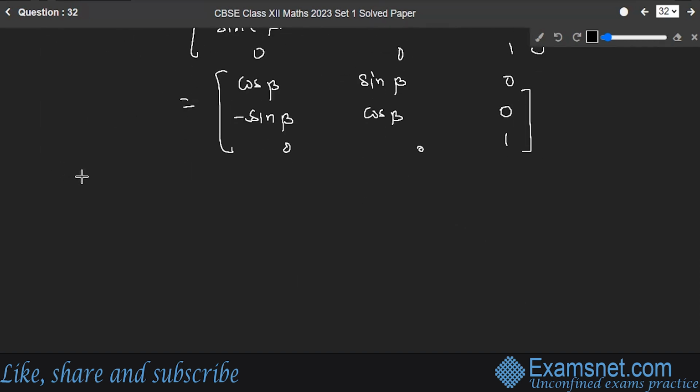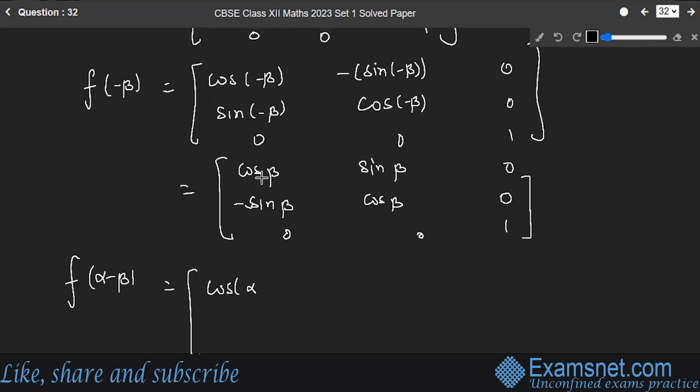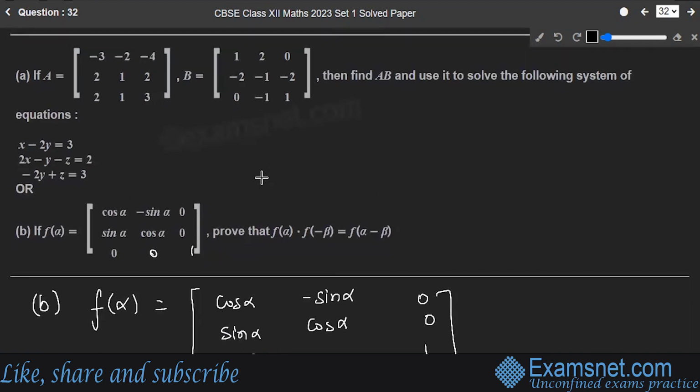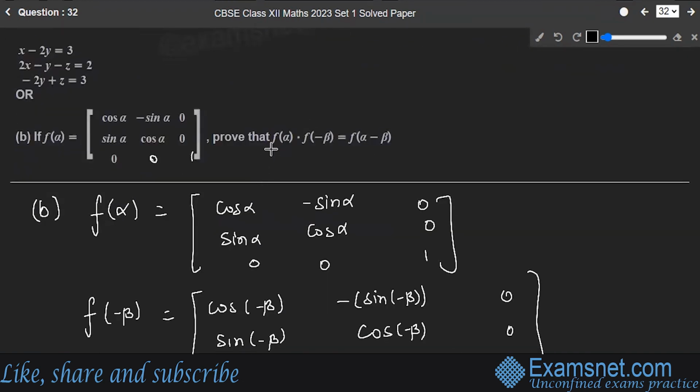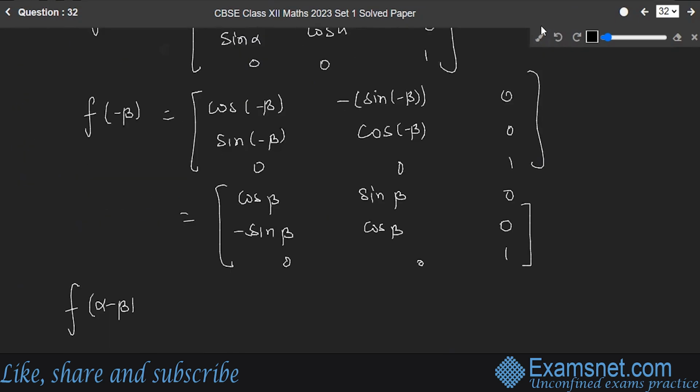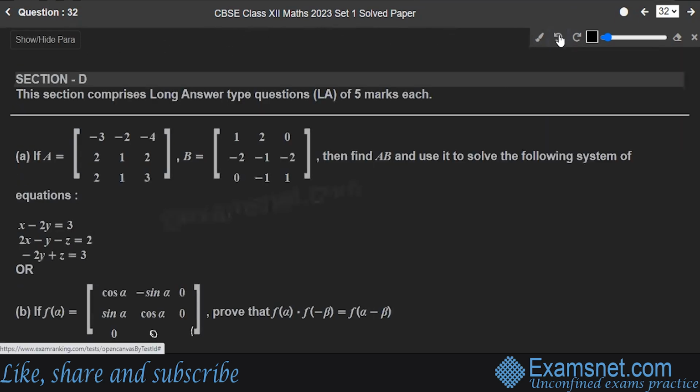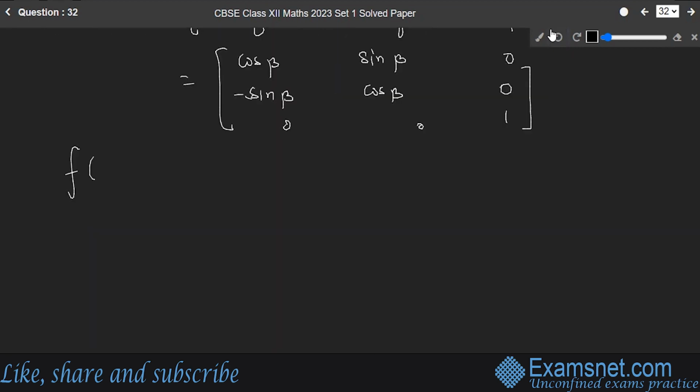Let's go to find f of alpha minus beta. That is equal to cos alpha. Wait. First of all, I'll find this: f alpha into f of minus beta. Let's solve that first. So I'll multiply those two matrices.